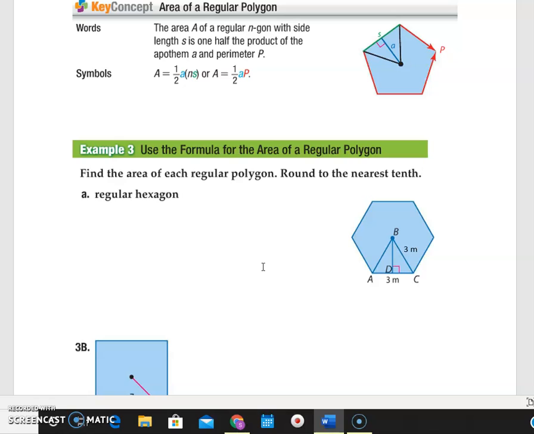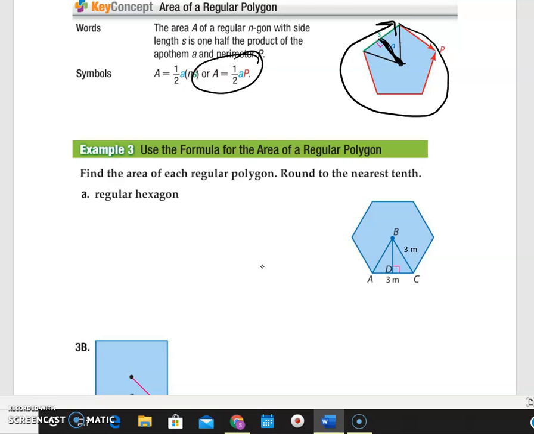Another way, and this is very specific to a regular polygon, given some certain information, is to take 1/2 the length of the apothem, which there's your apothem, times the perimeter of the whole thing. So we're going to take 1/2 the apothem times the perimeter.